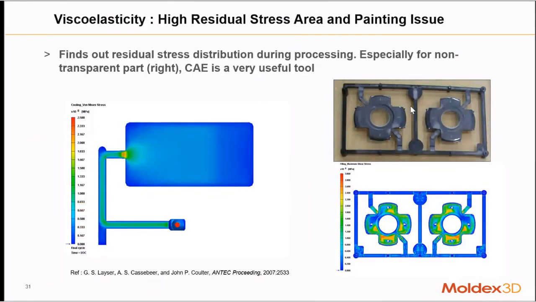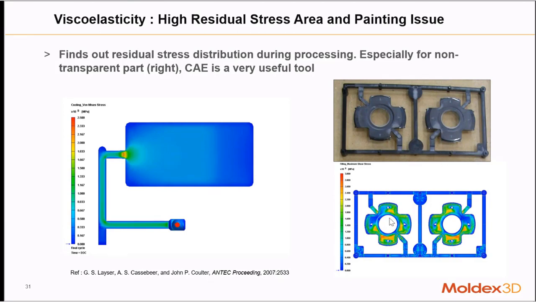And this phenomenon is also related to high residual stress and painting issues. Usually for the non-transparent parts, in some areas, because of high residual stress, there will be some painting issue. The painting is very difficult to have a smooth surface for the high stress area.